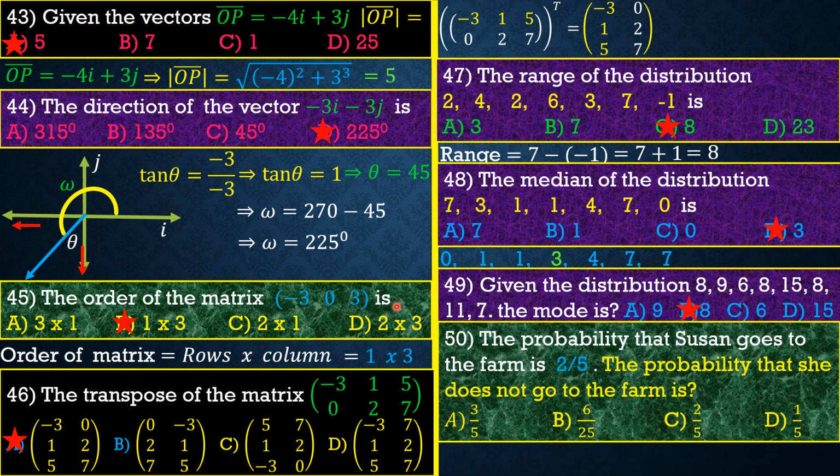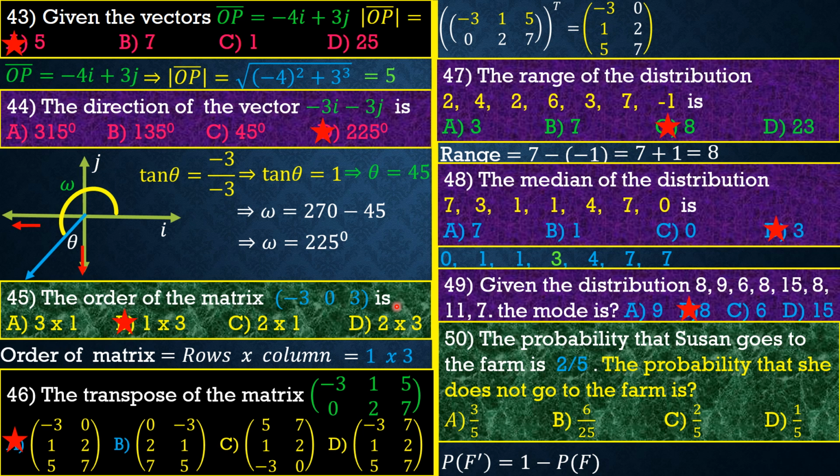Question 50 now, guys, which is our last question, is saying that the probability that Susan goes to the farm is 2 on 5. The probability that she does not go to the farm is. So guys, generally, let's take F to represent the event that Susan goes to the farm, and F prime that she does not go to the farm.